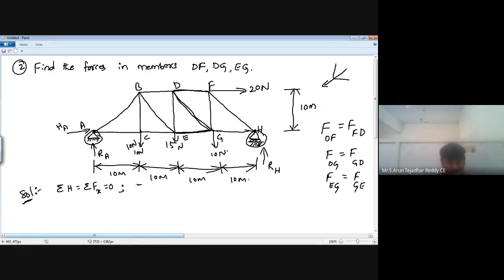The second equilibrium equation, summation of vertical forces, Fy equals 0. The third equilibrium equation, summation of moments about any one point. Take any one point as a reference, either A or H. You can take any one. So this is the second point: use equilibrium equations of the whole truss.